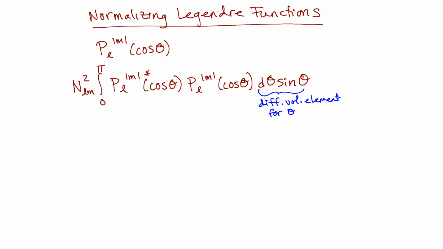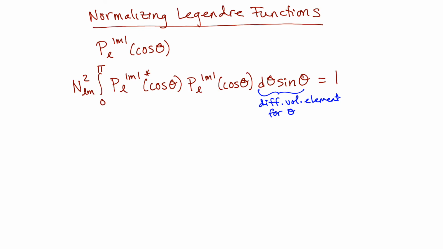Okay, so this is our kind of full setup of our normalization condition. So we know that we're going to want to have this equal to 1 in order to determine our normalization constant.